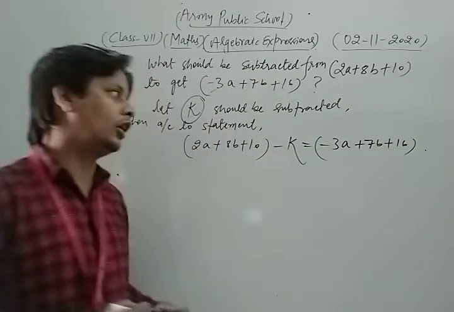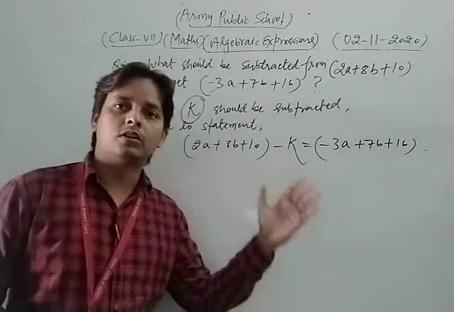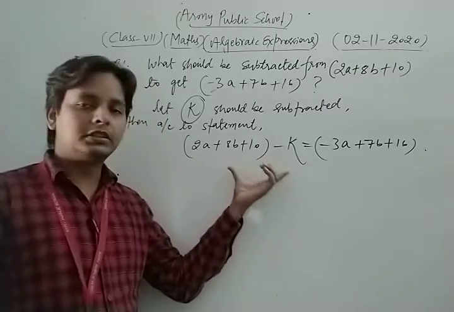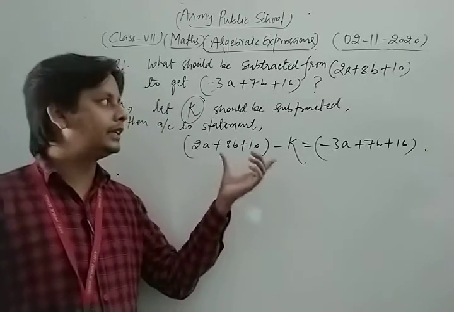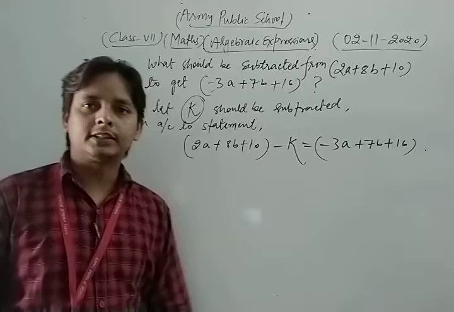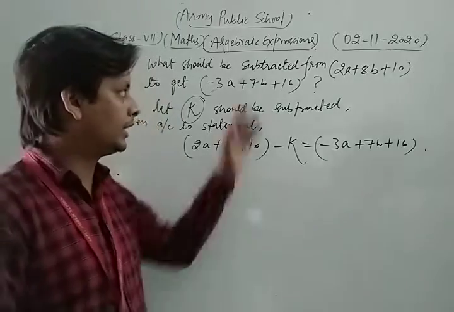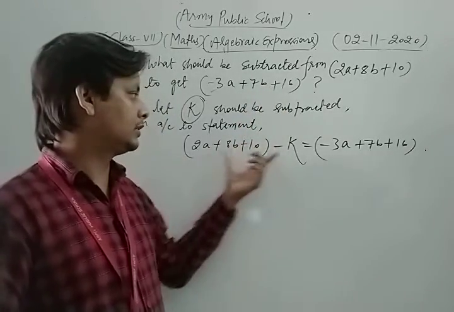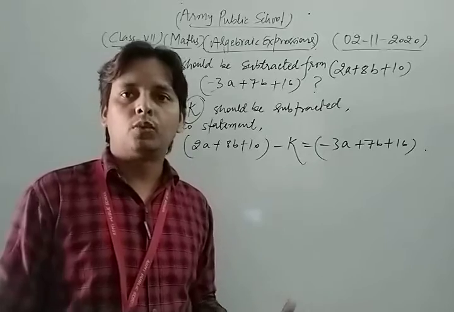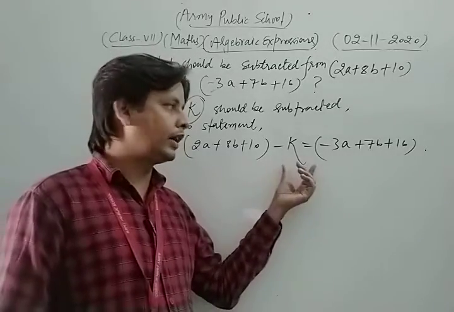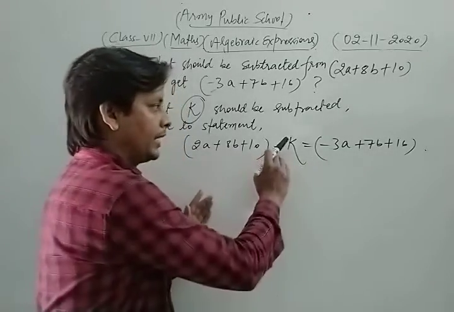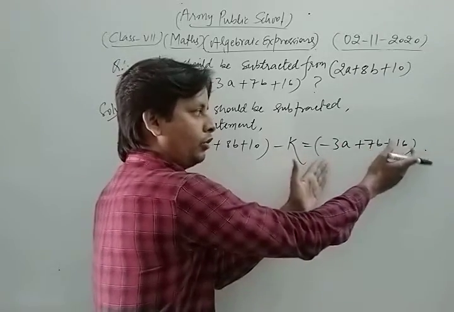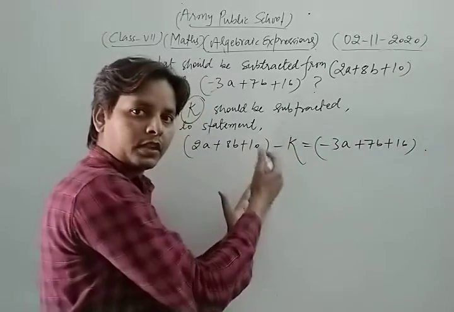Okay, dear friend, according to the question, we have this relation because we took k to be subtracted from the given expression to get these values. So we get this minus k is equal to this. Now we find the value of k. We transfer minus k to the other side and every term of the algebraic expression to the other side and simplify.